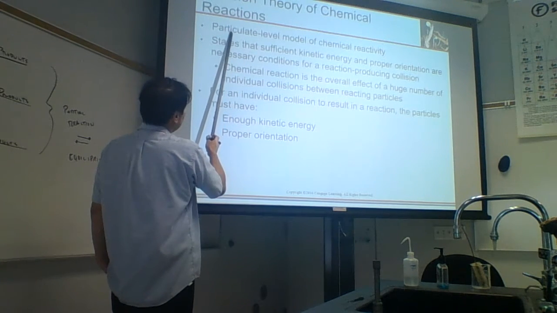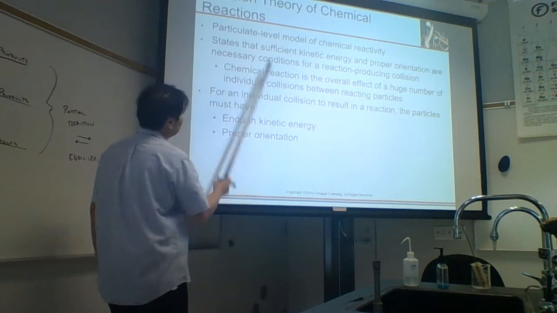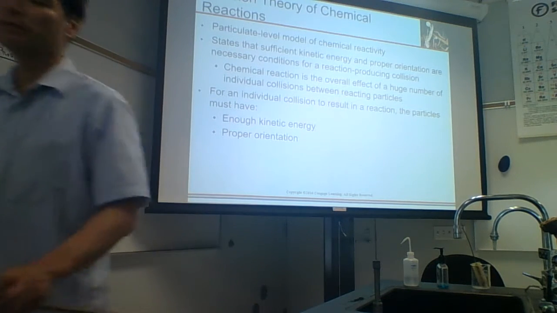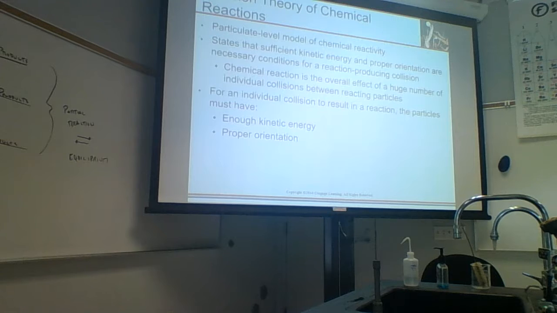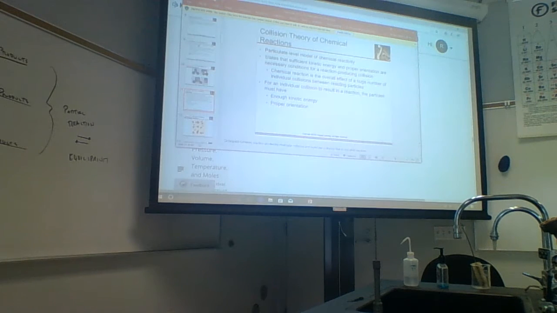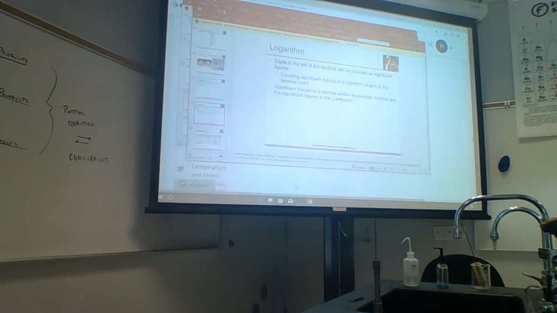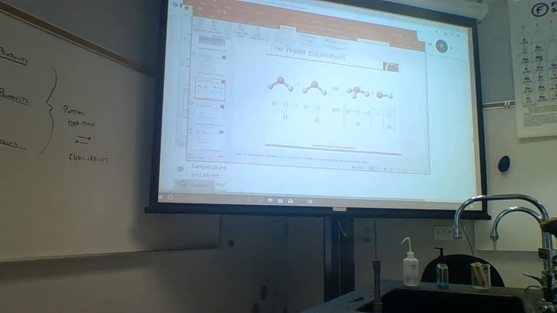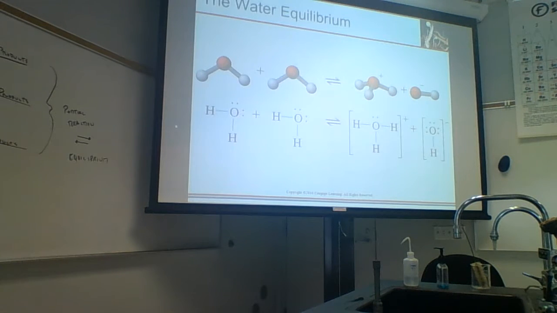Okay, in order for something to react, there has to be a collision. And these are at the particulate level. We saw this before. Here, let me show you. This is a slide from chapter 17, the acid chapter.